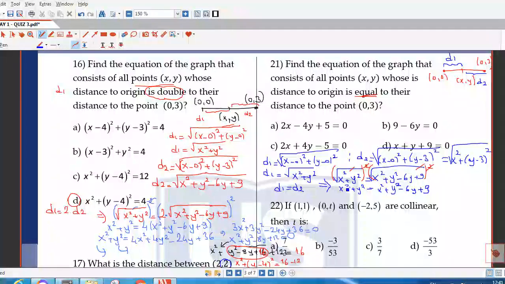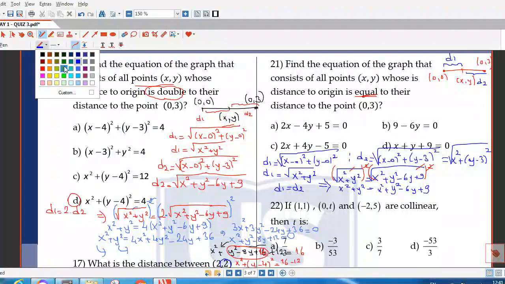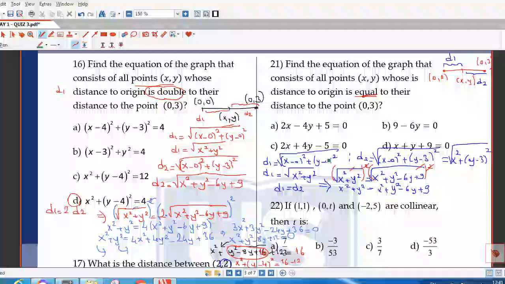This equation is easier than the previous question since we have the same terms with the same quotient. So let's cancel x squared, y squared from each side.